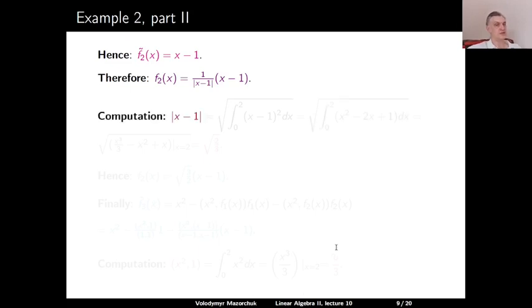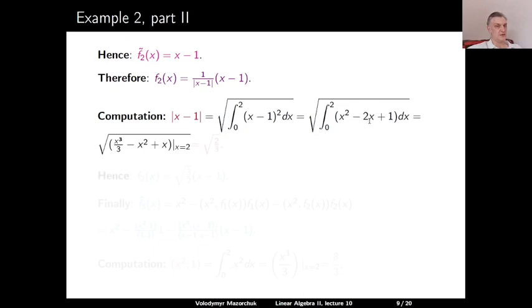Let's compute the length of x minus 1. The length of x minus 1 is the square root of the integral from 0 to 2 of x minus 1 squared dx. So x minus 1 squared is x squared minus 2x plus 1.